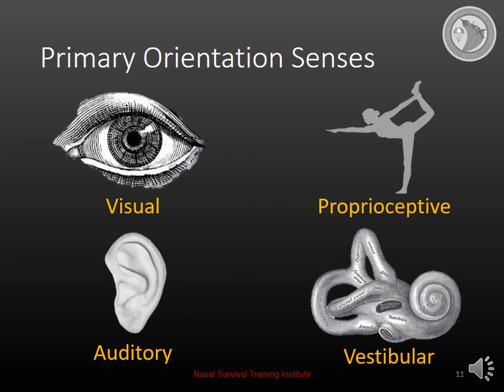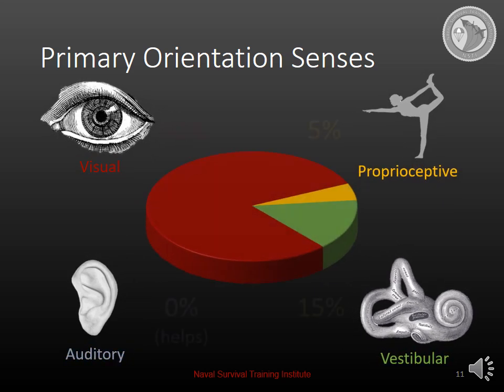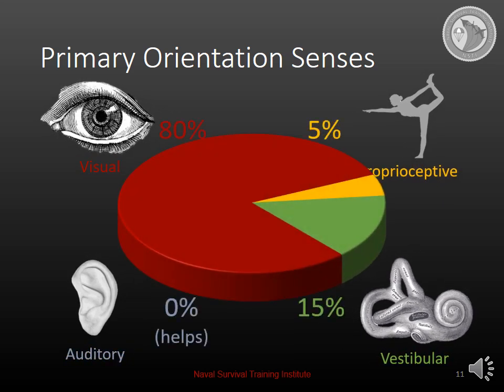So these are your 4 primary orientation senses. You have your visual system, the vestibular system, the proprioceptive system, and finally the auditory system. Now, do you think that each of these senses provides an equal amount of input to your brain? If you guessed no, you're absolutely correct. The brain gives about 80% of its bandwidth to the visual system.